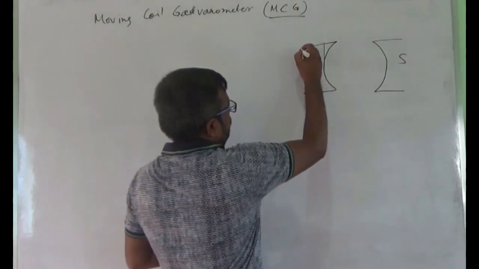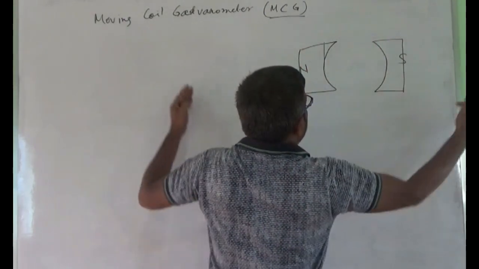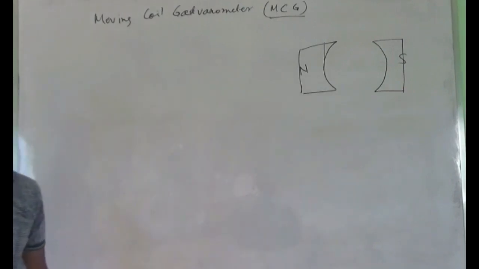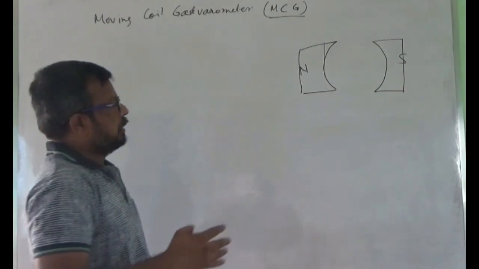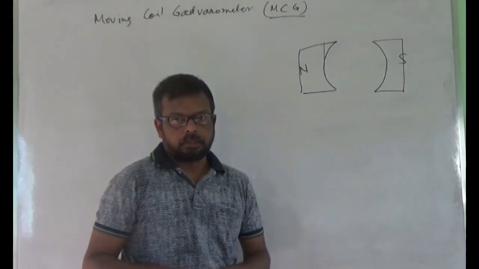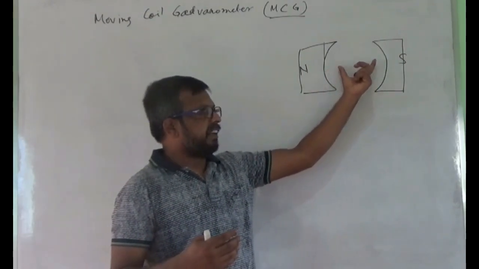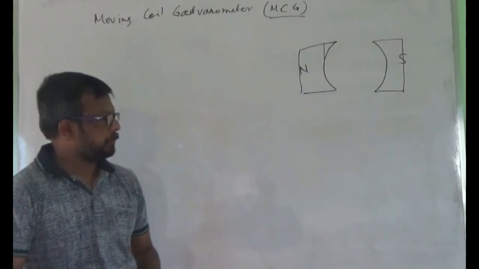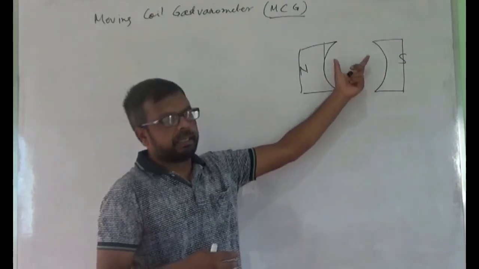It may be a U-shaped, horseshoe-shaped magnet, so that the intensity of the magnetic field is very large.